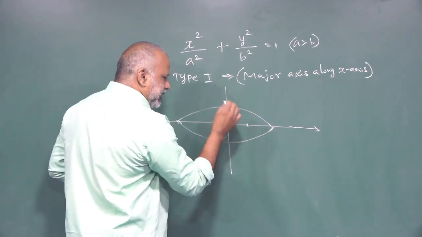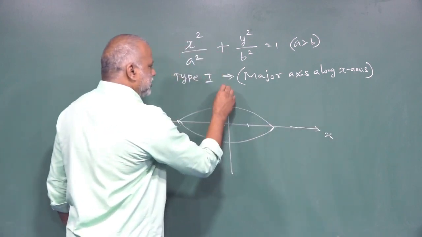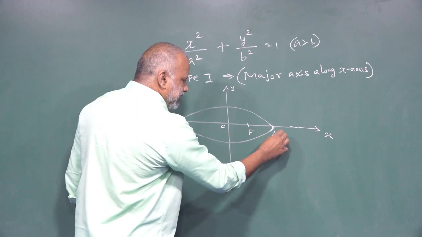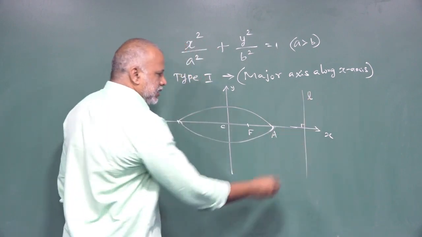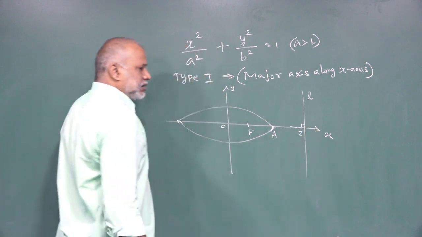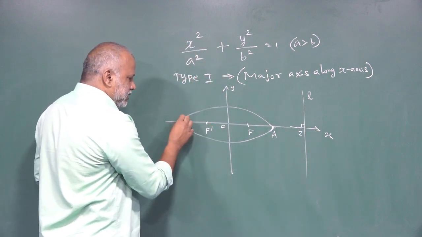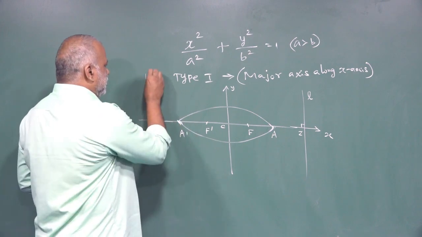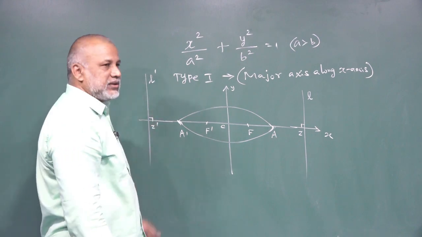This is the center, 0, 0. This should be the x-axis, then the y-axis. This is the focus, this is the vertex. This is called directrix L, and it passes through the point Z. In the same way, because of symmetry, F dash, then A dash, and one more directrix L dash, passing through Z dash.